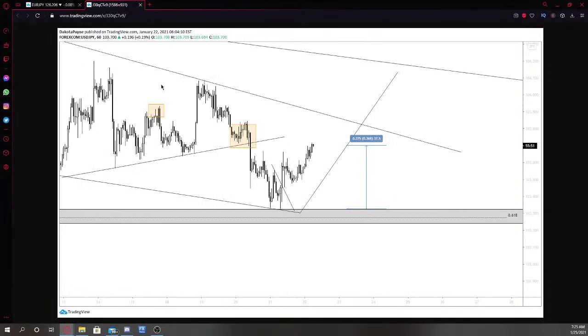All right, dollar yen, this is after the move happened. Let's go to the first markup I sent for that. It's not the first one, but it's an updated version.